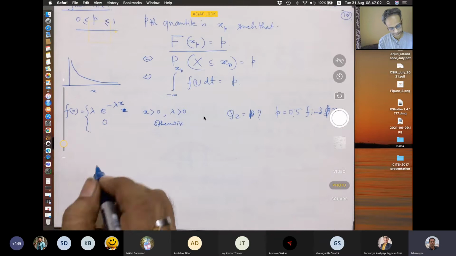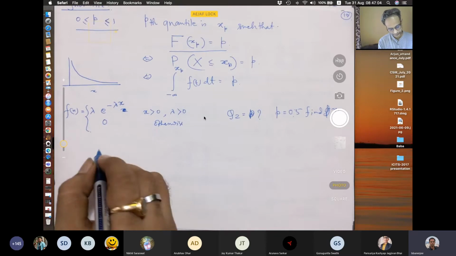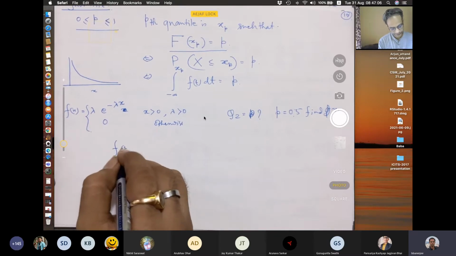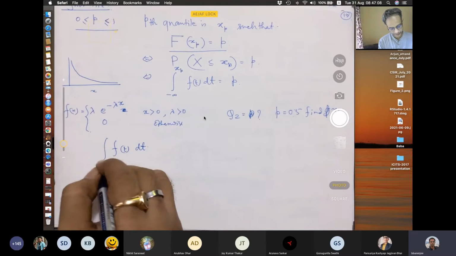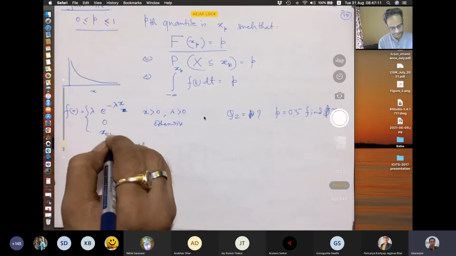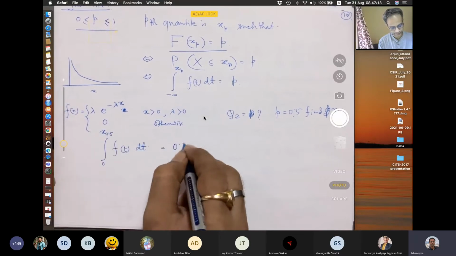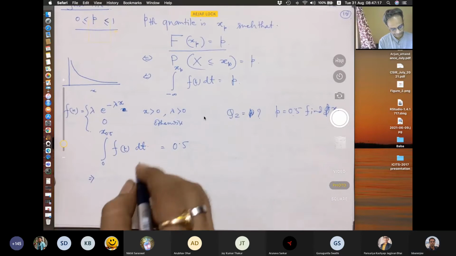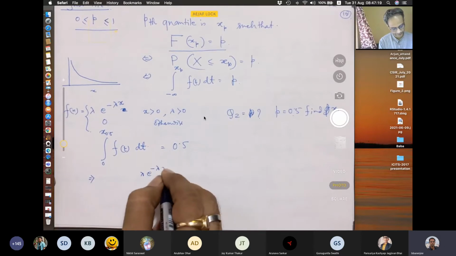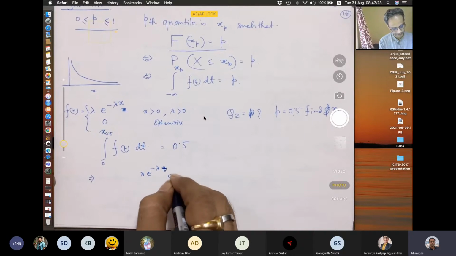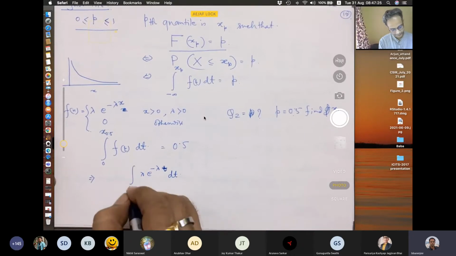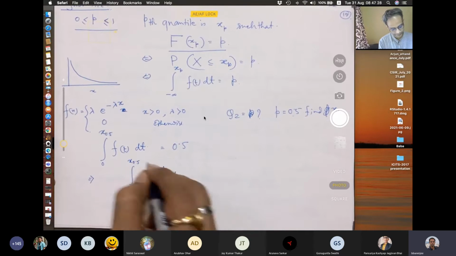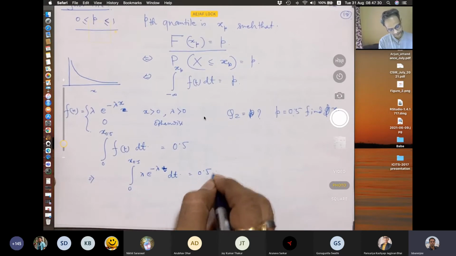So what you need to do? Integration of f(t) dt from 0 to x_0.5 equals 0.5. So this will give you integration of lambda e to the power minus lambda t dt from 0 to x_0.5 equals 0.5.